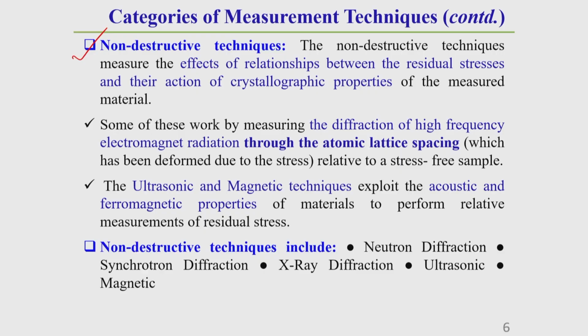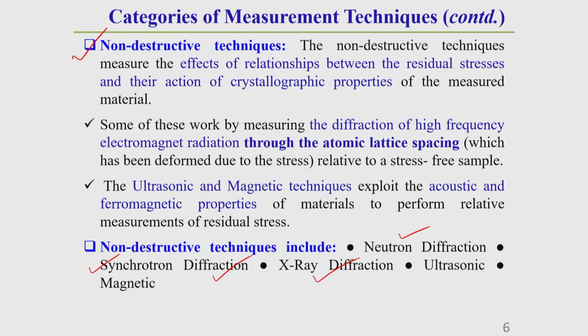Generally, there are different types of non-destructive residual stress techniques, like the neutron diffraction residual stress technique, then the synchrotron diffraction technique, X-ray diffraction techniques, and there are some other non-destructive residual stress techniques also, where somewhere we use acoustic property, somewhere we use ferromagnetic property of the material.